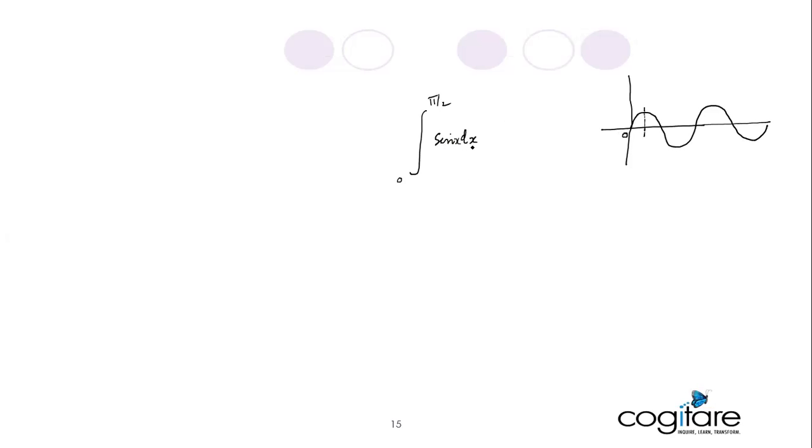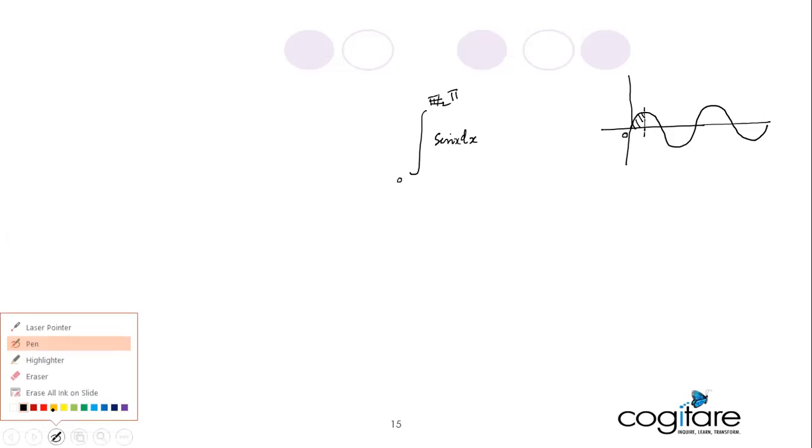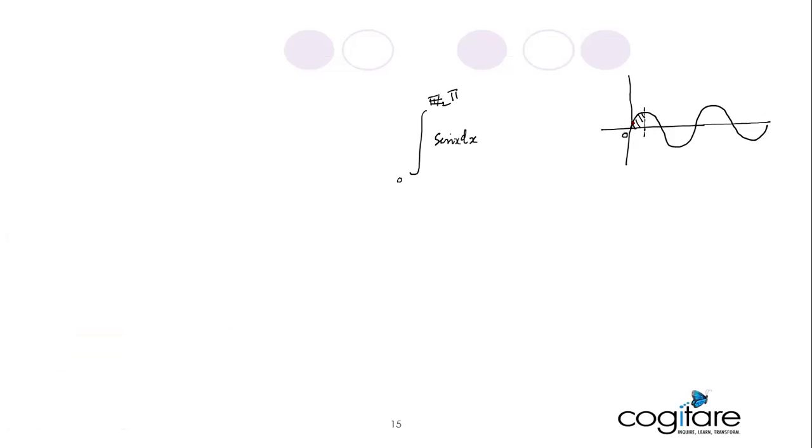What is the function? The sine x. I drew the sine x curve. From where to where do you want to find the area? Only from 0 to pi by 2. That means you want only this area. That is what these limits mean. Instead of 0 to pi by 2, supposing you say 0 to pi, the new area you are interested in will be from here to here.